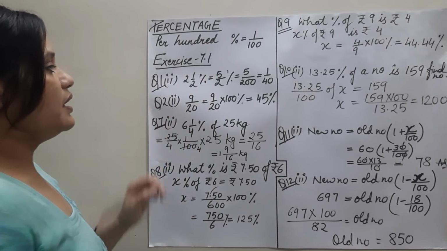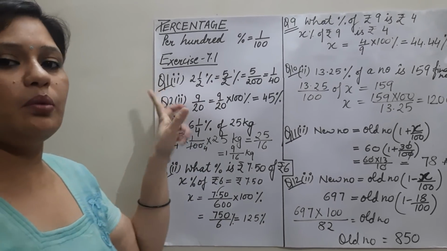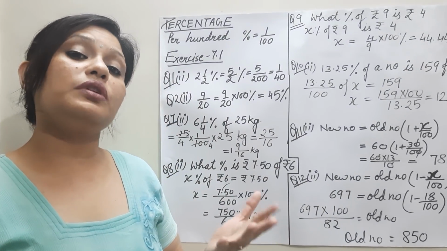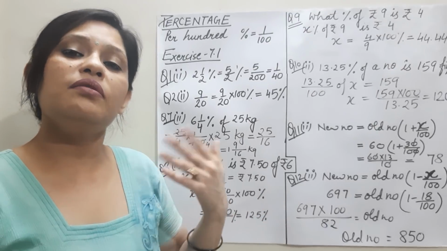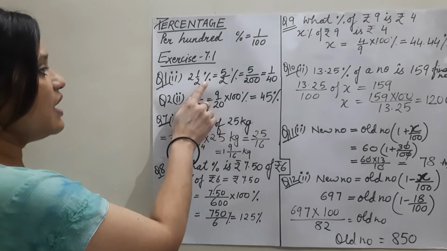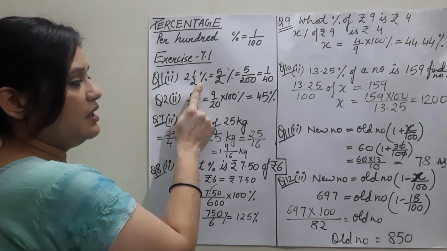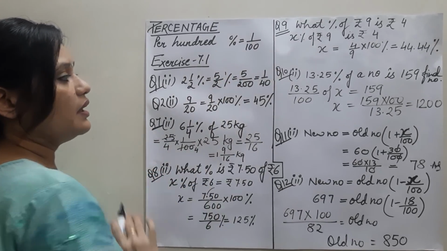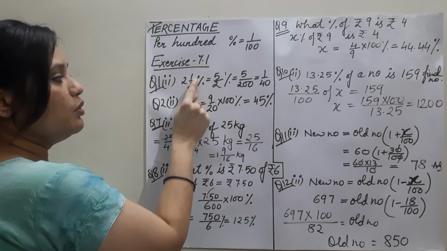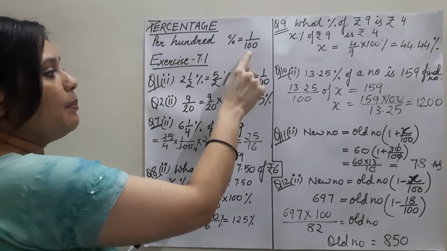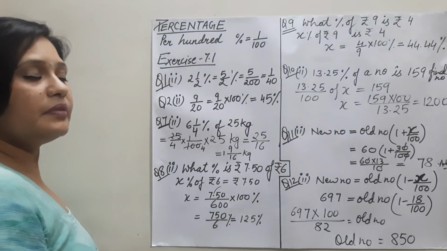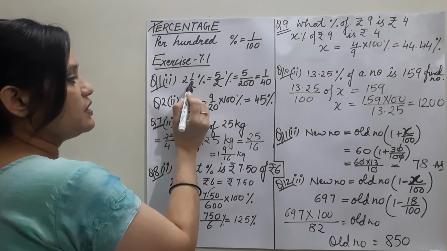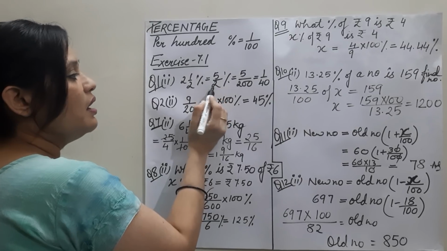Exercise 7.1. If we talk about question number 1, it says how to convert percent into a fraction. So basically we have to remove this percent sign, because percent sign is equal to 1 upon 100. So whenever we remove this percent sign, 1 upon 100 will come there. First of all, we have converted it into a fraction.